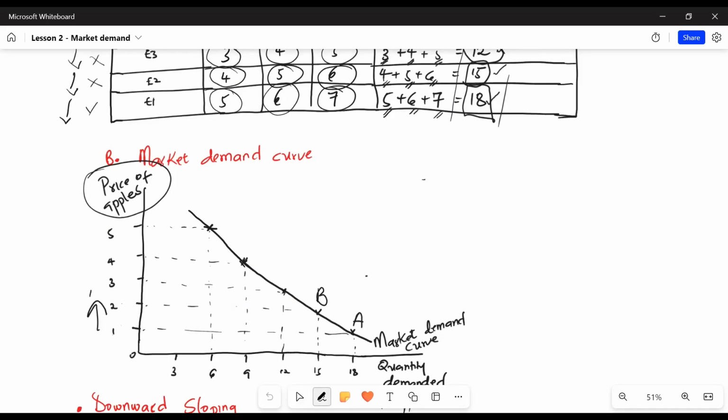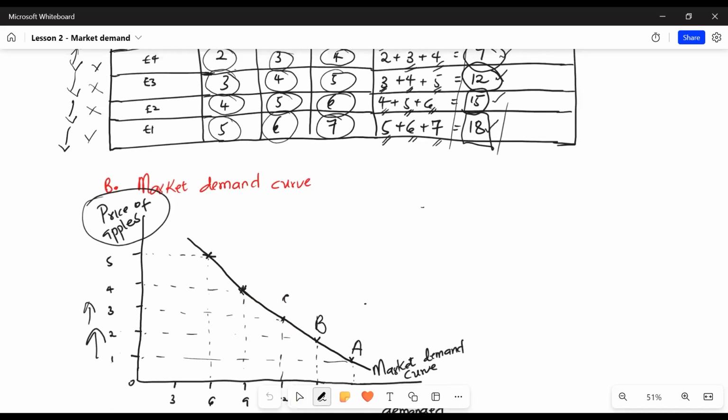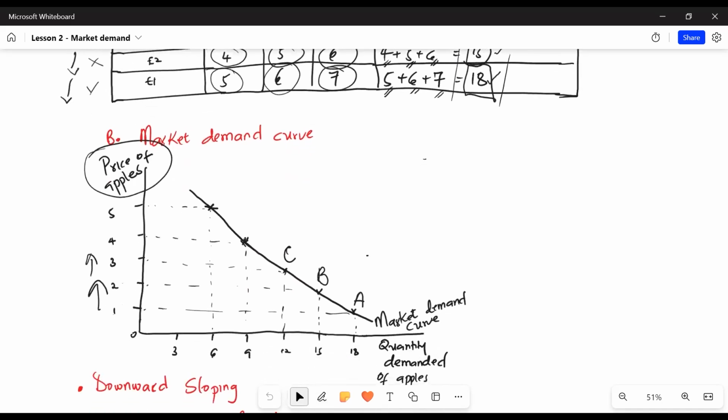When price increased to 3, total market demand reduced to 12. When price increased to 4, total market demand decreased to 9. And when price is 5, total market demand is 6. Now this curve shows the relationship between the price of apple and the total market demand of apples.